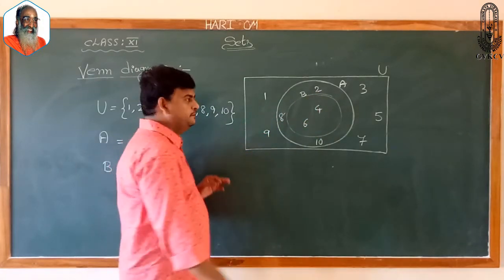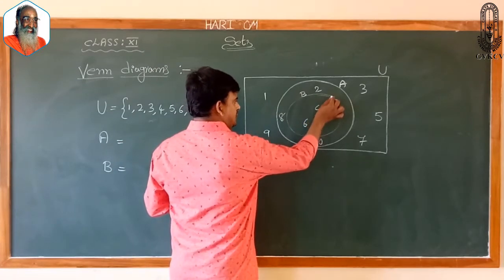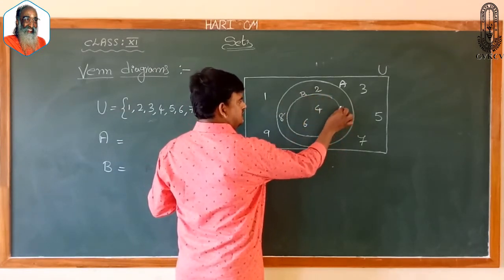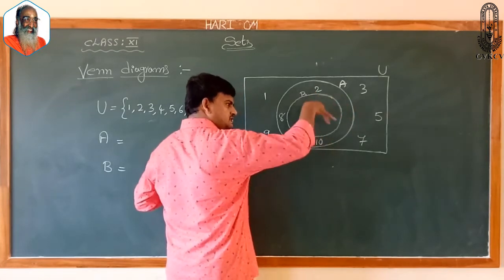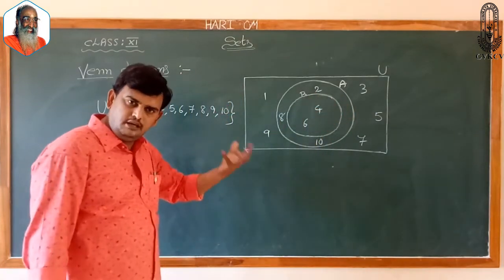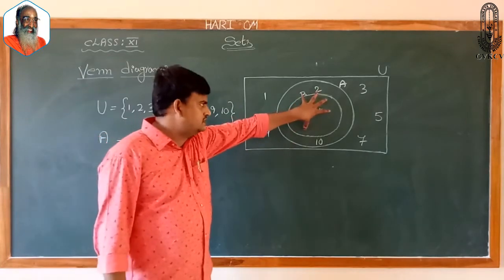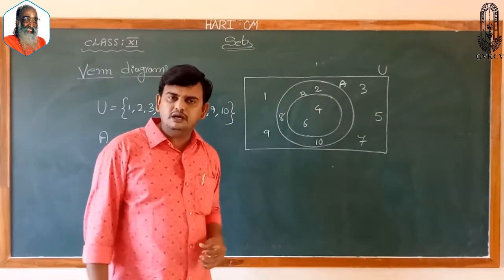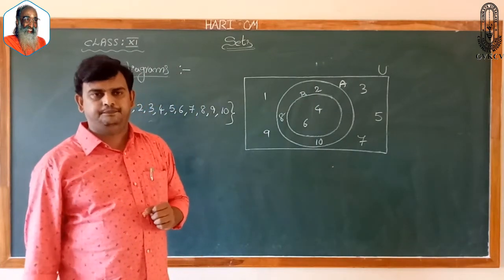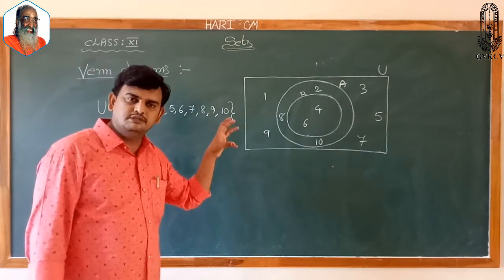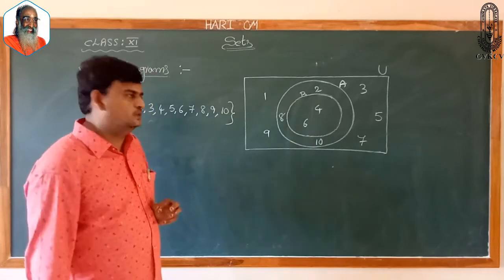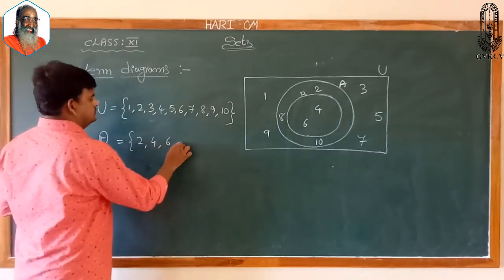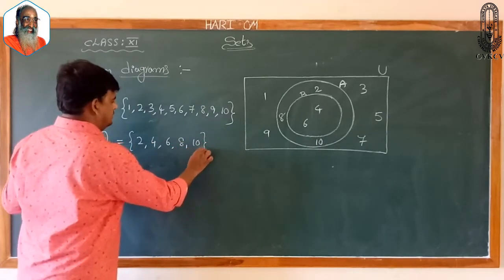You may ask, sir, 4 and 6 are there in another circle. Of course they are there in the other circle, but this circle is a part of A. So these elements also come under set A. Now what are the elements we have in set A? 2, 4, 6, 8 and 10.